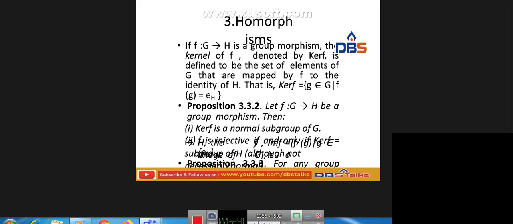That is called the kernel of the given homomorphism. Proposition: let f: G → H be a group morphism, then ker f is a normal subgroup of G, and f is injective if and only if ker f is trivial.